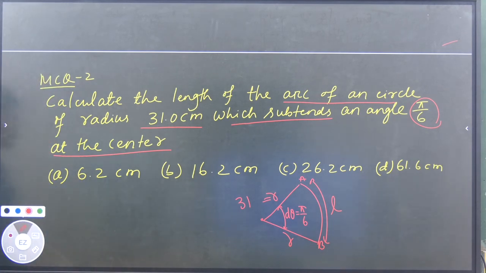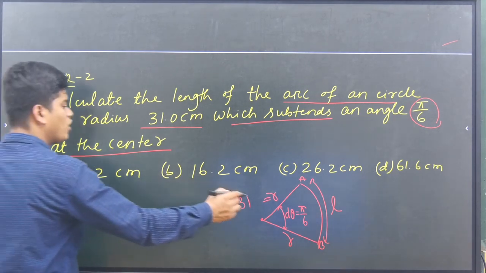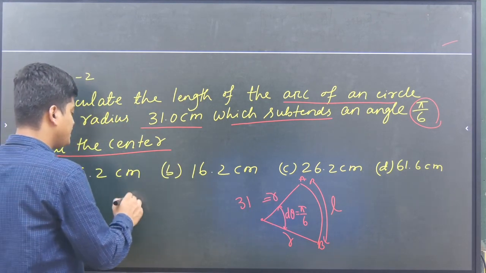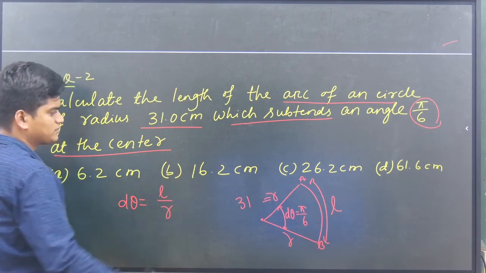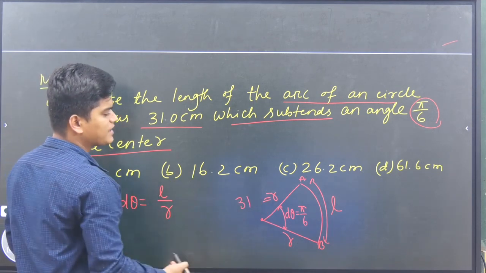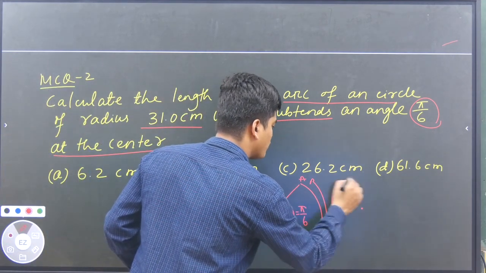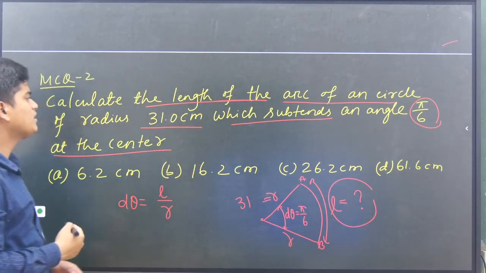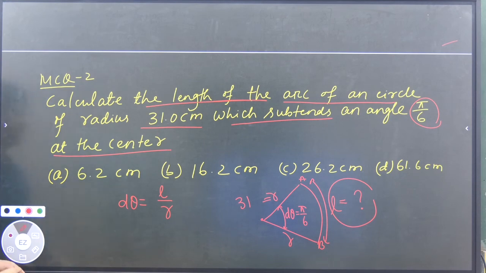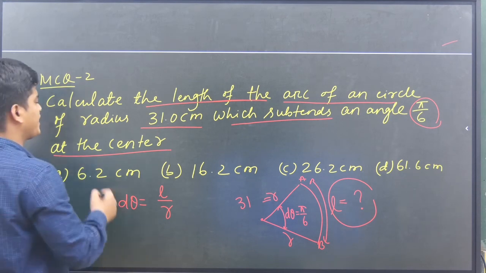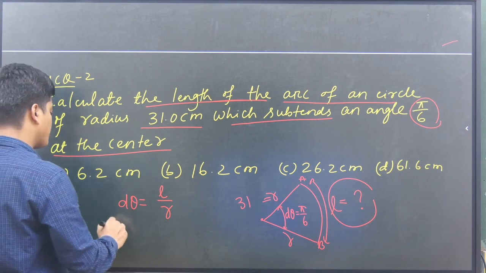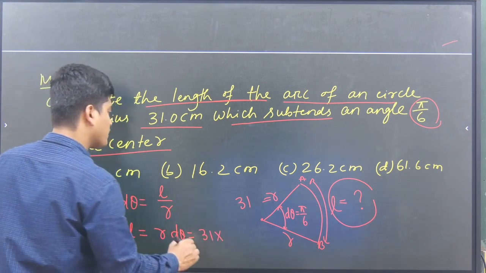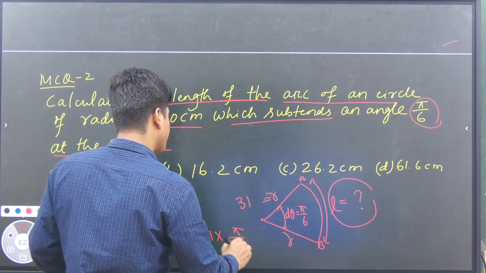Okay, now you know we have already discussed in the plane angle concept, if you want to find d theta, that is basically L by R. But in this case d theta is given, R is given, and they are asking what about this L. Now from here L is nothing but R d theta, R is 31 and d theta is nothing but pi by 6.